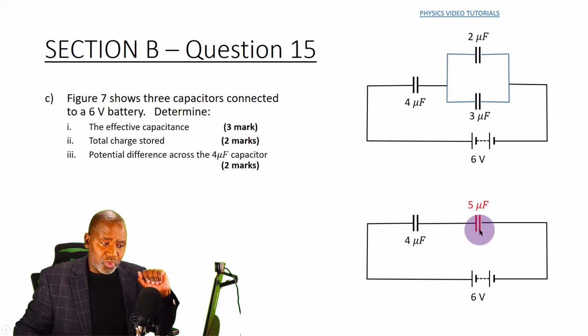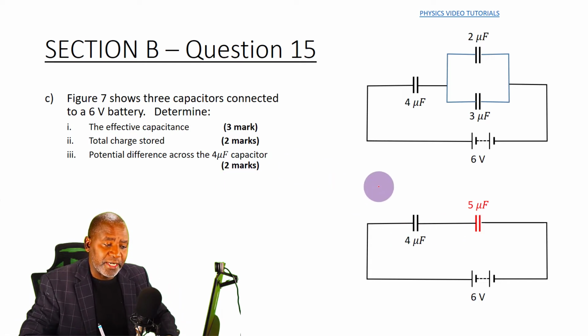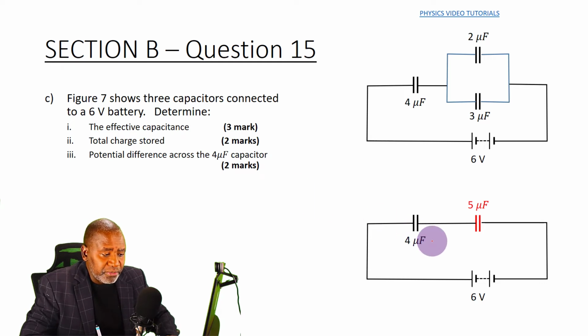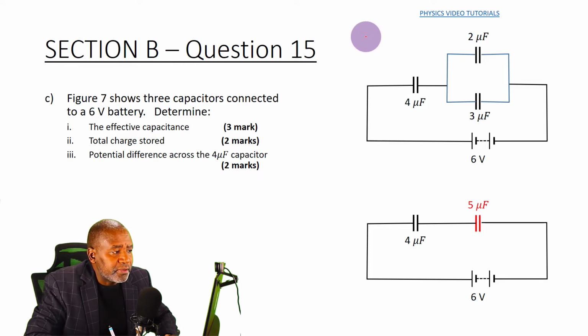For example, I can combine this and this to get a capacitance of 5 microfarads. And then now I've got 2 capacitors which are in series. At this point, because it's just 2 capacitors in series, I simply need to get the total capacitance, CT, which will be equal to the product of the 2, which is 4 times 5, which gives me 20, divided by the sum, which is 9.